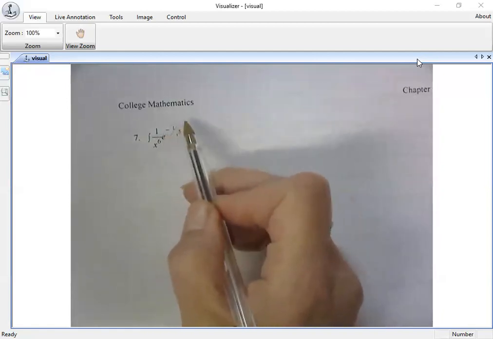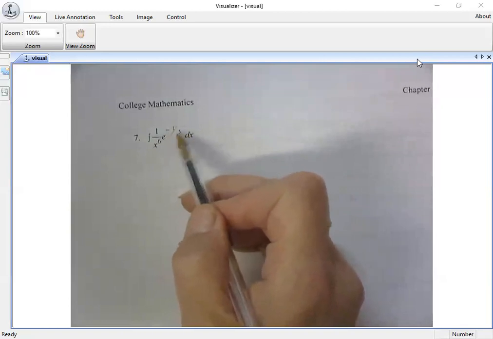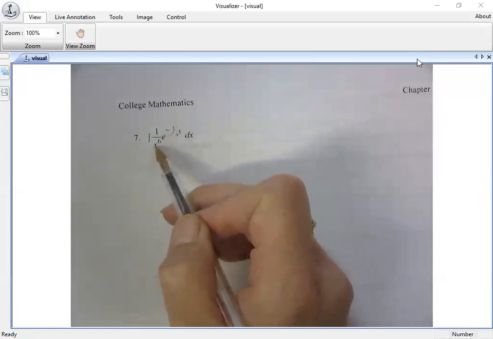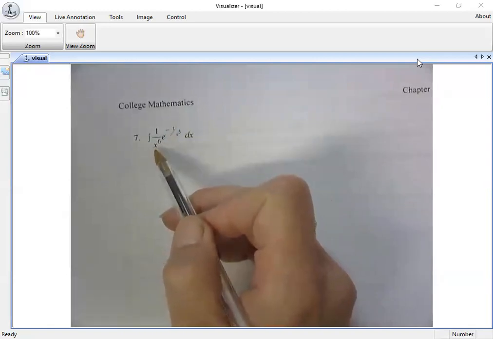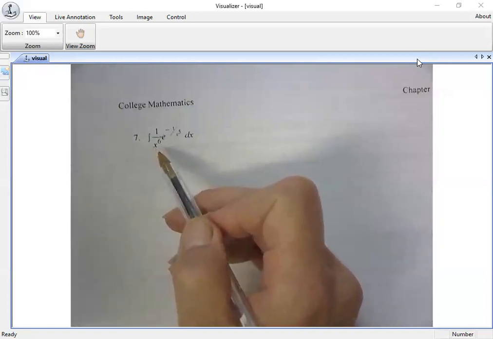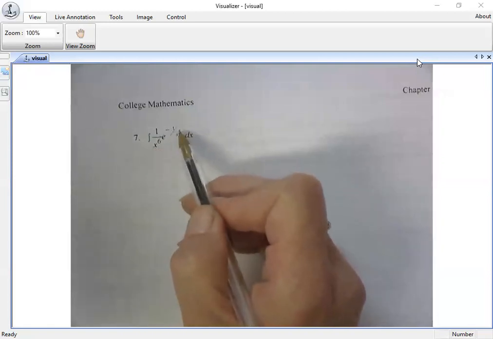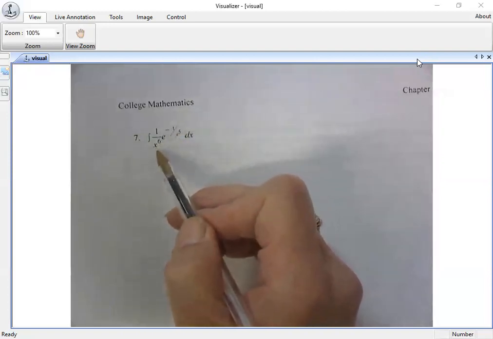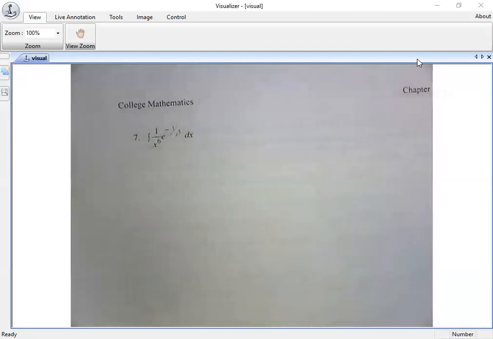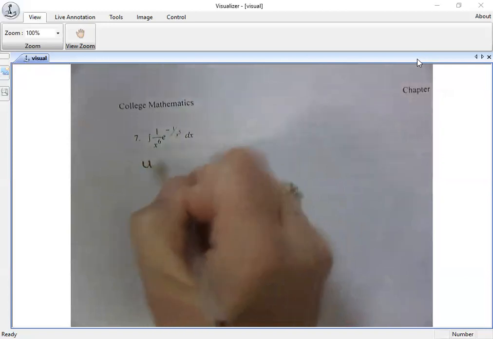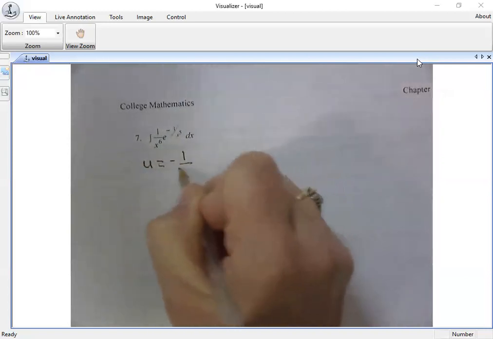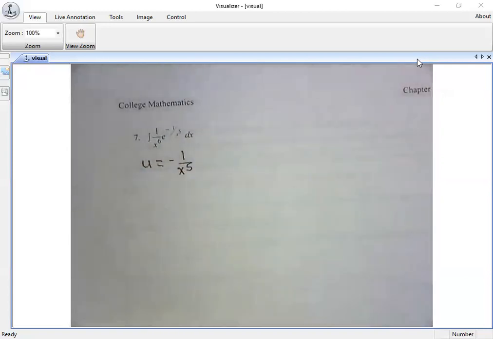You've got negative 1 over x to the 5th. x to the 5th is on bottom here, x to the 6th is on bottom here. Remember we said let u equal which one? Isn't x to the 5th in the denominator actually larger than x to the 6th in the denominator? That's a little goofy as far as the way that it's set up. But you're exactly right. Negative 1 over x to the 5th is what our u should be.